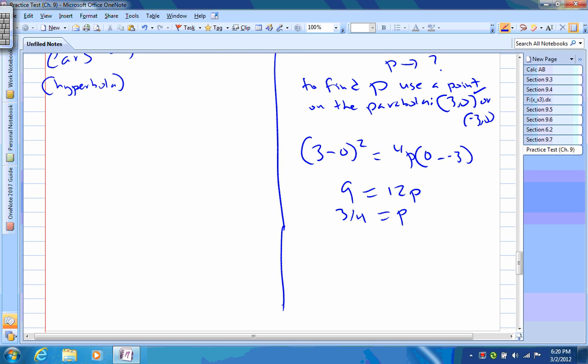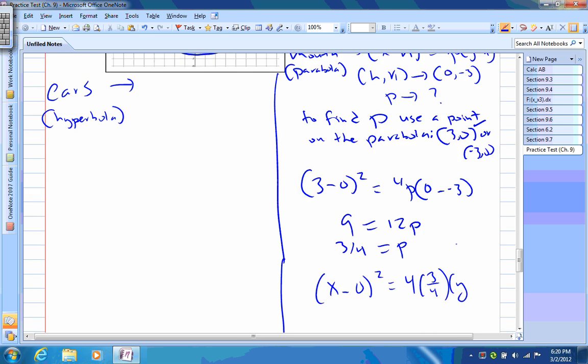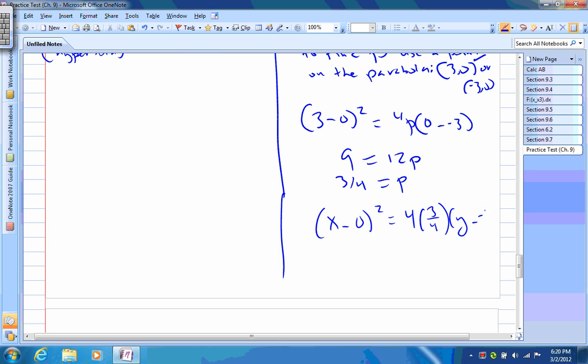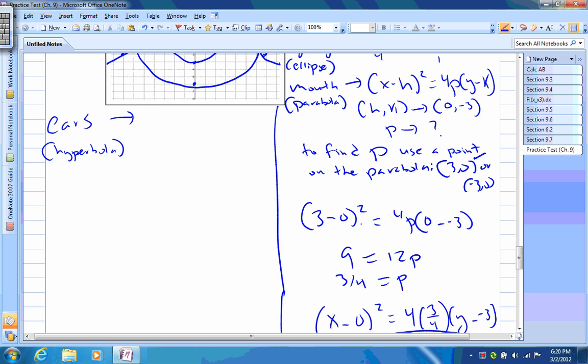So the equation will be x minus 0 squared equals 4 times 3/4 times y minus negative 3, because remember k is negative 3. So it's supposed to be x squared equals 3 times y plus 3. A little bit more work for that one.